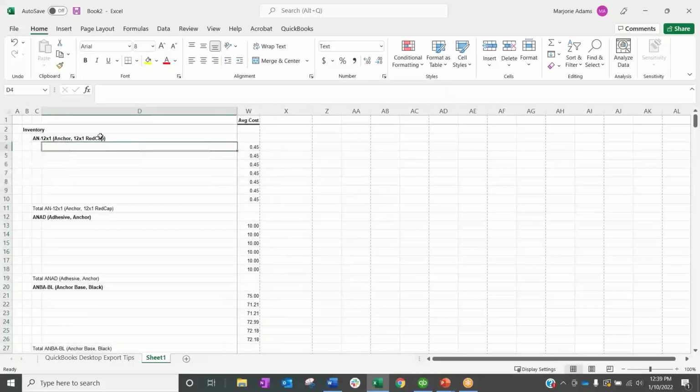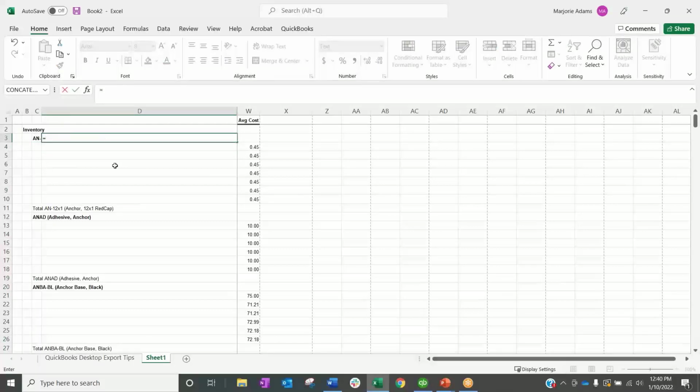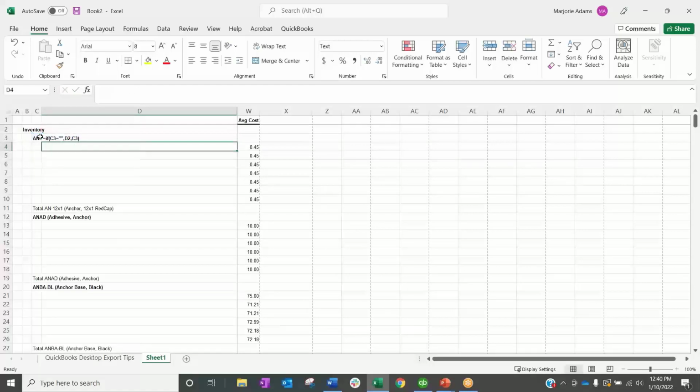Hide this, and then here I'm going to put into this column equals if this is equals blank, then return the line above. If not, return this. Okay, so it's going to play with me on formatting.